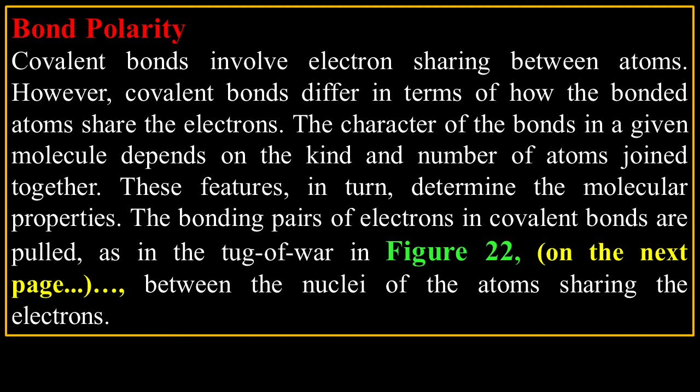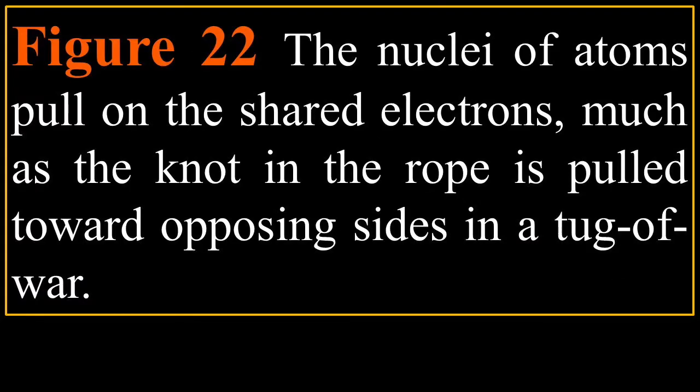These features in turn determine the molecular properties. The bonding pairs of electrons in covalent bonds are pulled, as in the tug-of-war in figure 22 on the next page, between the nuclei of the atoms sharing the electrons.